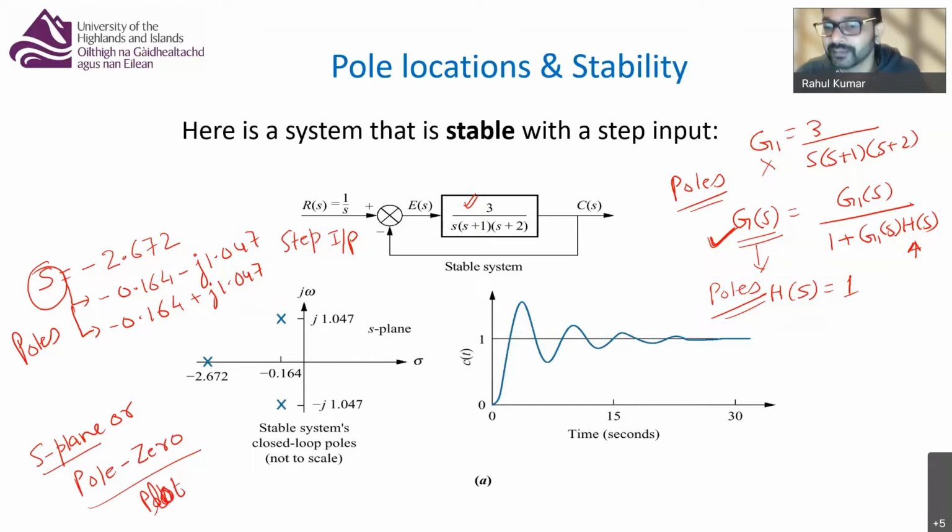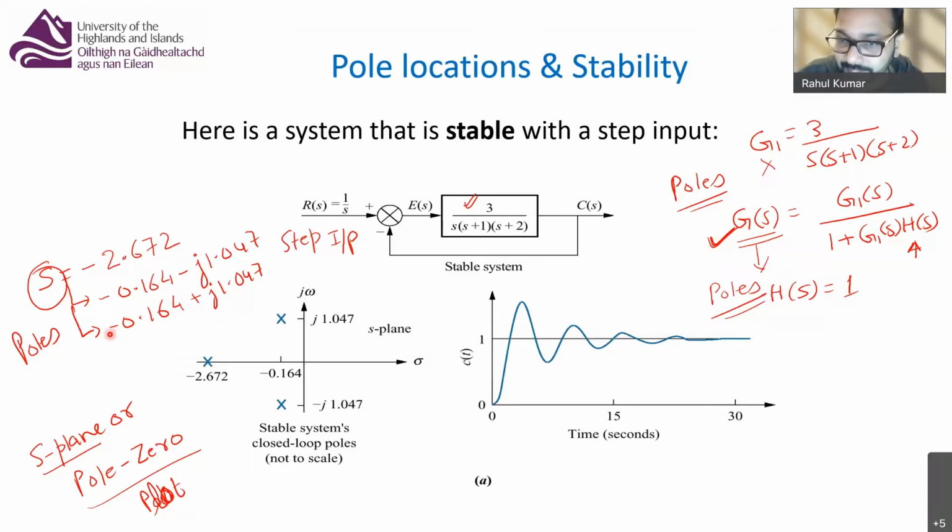What we see is that the location of these poles is all on the left hand side, or we have seen that the value of the poles are all negative.